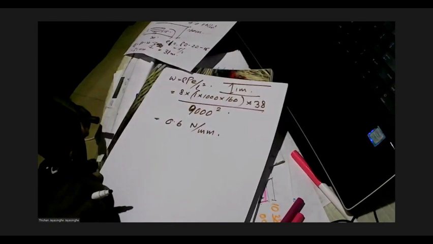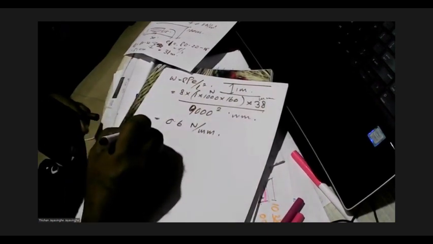So we are considering 1 meter thickness, 1 meter width. So here you get Newton, millimeter, and here millimeter. This is Newtons per meter or 0.6 kilonewtons per meter.